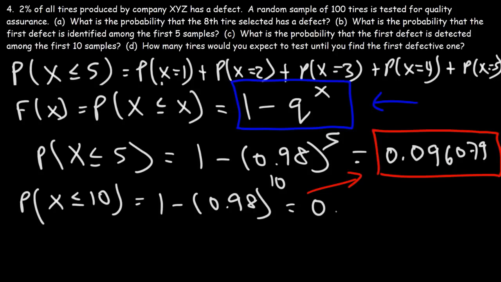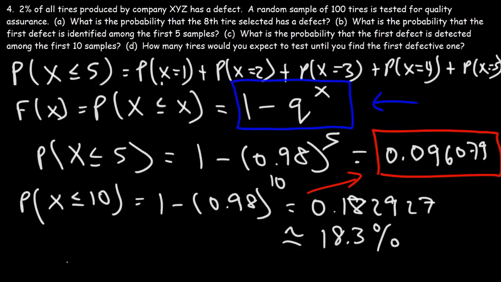And so the answer is going to be 0.182927. So that's approximately an 18.3% chance that the first defect will be detected among the first 10 samples.